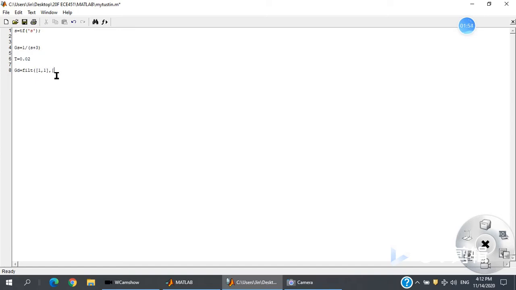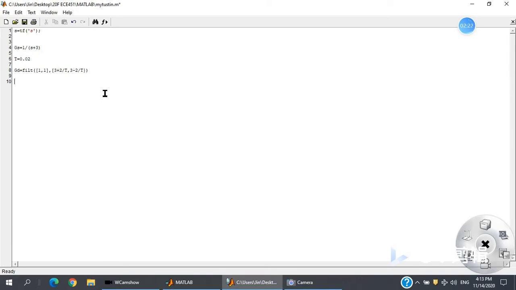And the denominator, I have 3 plus 2 over T and 3 minus 2 over T. Alright, this is G of D. Okay, then I have both systems, and let's see the step response of them.